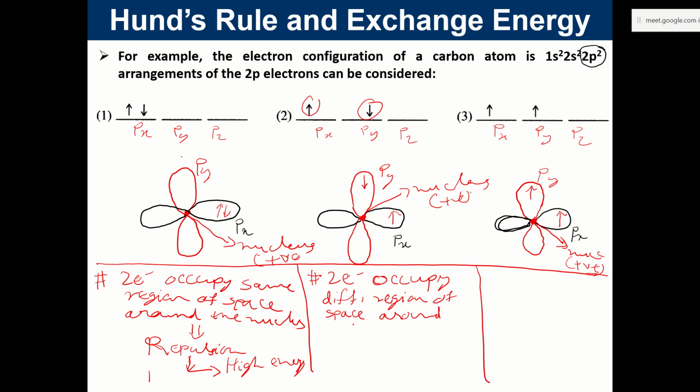Around the nucleus, and so less repulsion, and so less energy. Energy is reduced. In the third situation, they are still occupying different regions of space, px py.